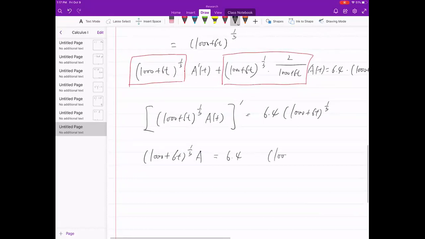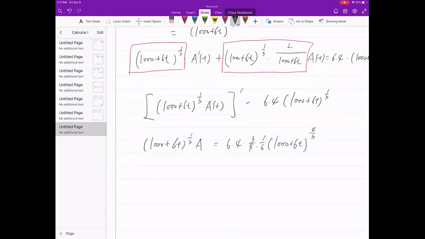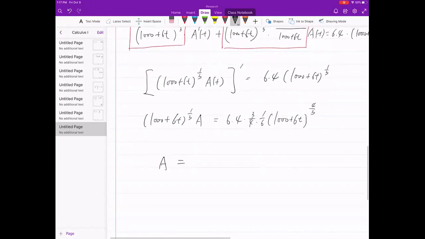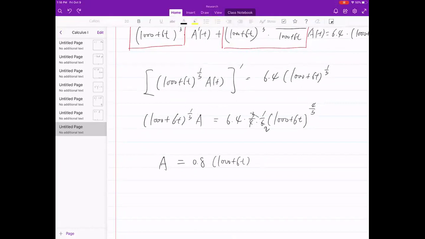We definitely have this. Therefore, we should have a 3/4 times a 1/6. A equals 0.8 times (1000 plus 6t) to the 4/3 and 1/3. After you divide, they become 1.